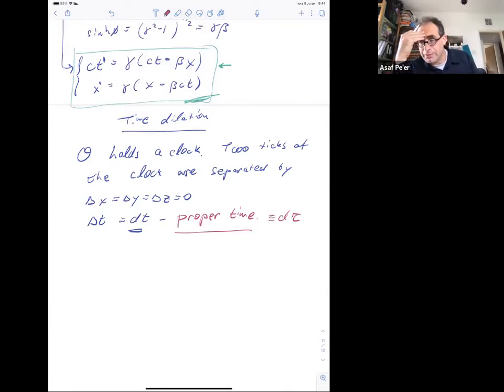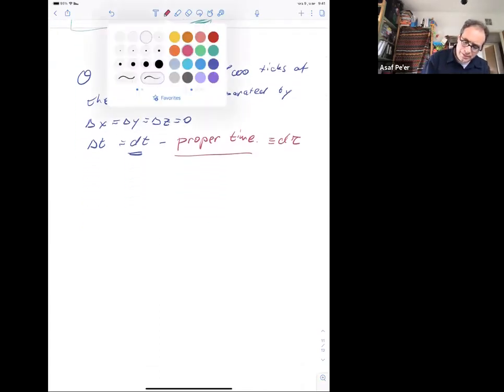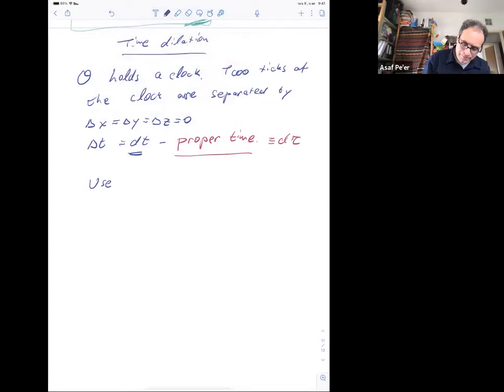This is the time as measured in a frame in which the clock is not moving anywhere. It's just my frame. I don't see the clock moving. From my perspective, the clock is right here. Okay. Now, according to our definition of the interval, let's use the definition of the interval.